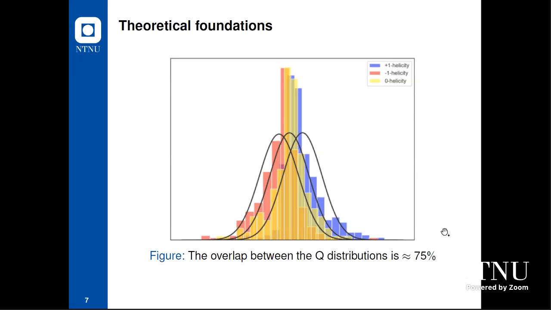In this case, the overlap is 75%, and it is quite difficult in this specific case to say, okay, this is positive, negative, or zero helicity, because if you take a point, for example, here, I don't know if you see my pointer, but if you take a point or a set of points in the center of this graph, you have the red bars, the yellow bars, and also the blue bars. So for this reason, it is difficult in that case to say the kind of helicity that you have.